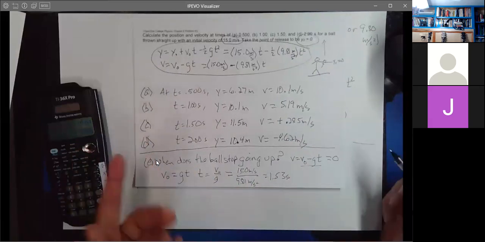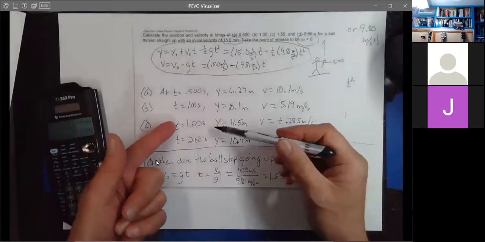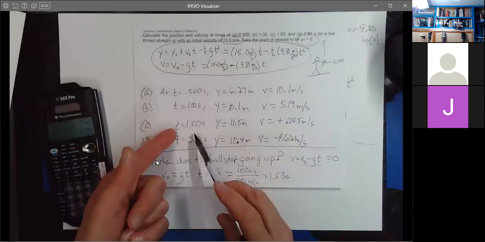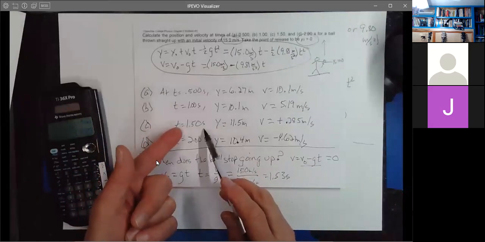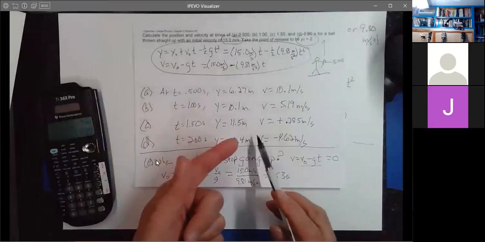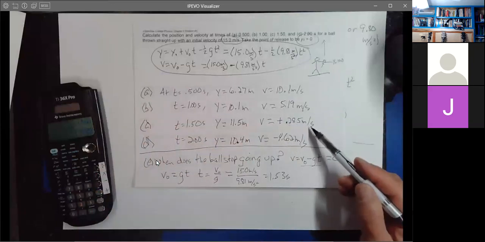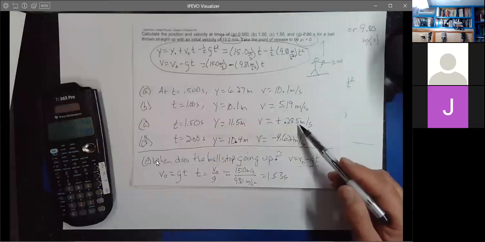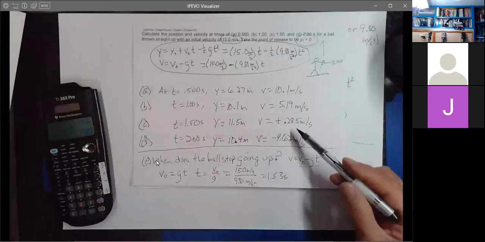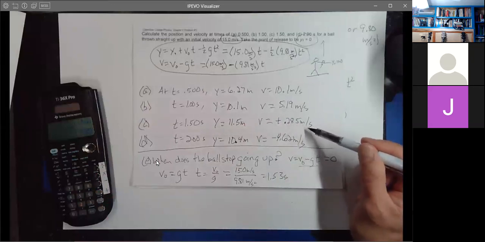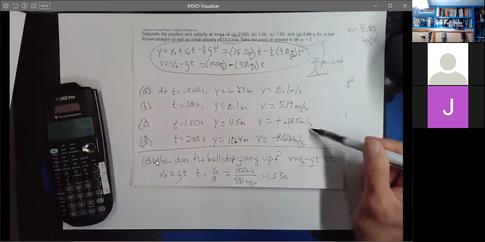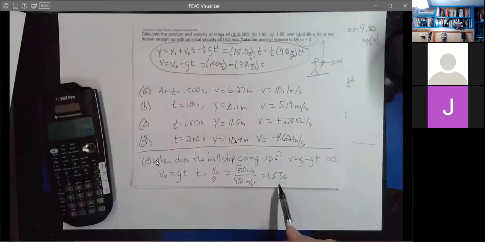That's about what I would have guessed, because when I looked at part C, when I calculated at 1.50 seconds, I got that the upward velocity was only 0.285 meters per second. That's not very fast anymore. It's slowed down a lot, so I would have expected that it was going to stop shortly after this. And sure enough, 0.03 of a second later, it had stopped. So it didn't take too long.